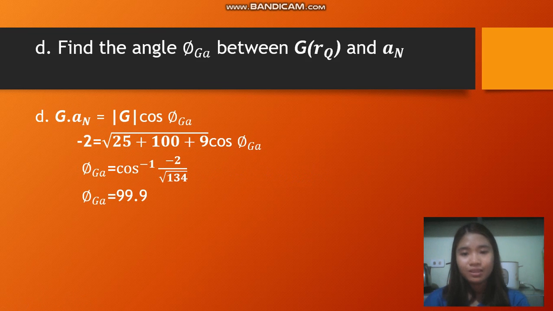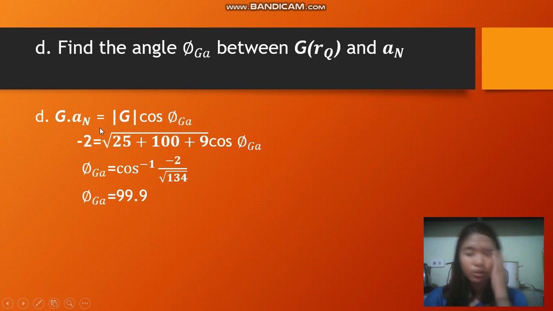Last, find the angle theta GA between dun sa vector ng G and sa a sub n. Ang magiging equation natin is G dot a sub n equal to magnitude of G cosine theta GA.